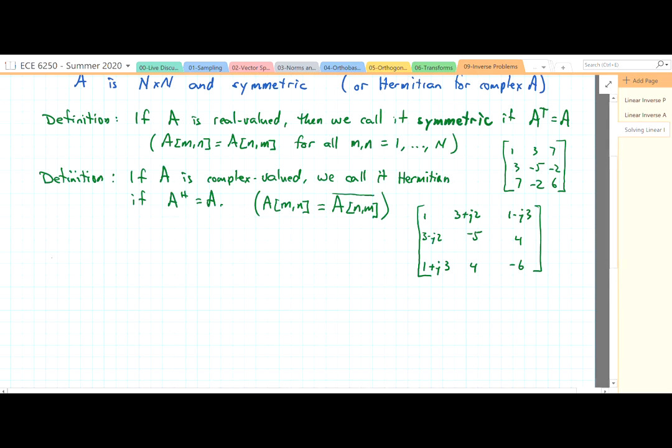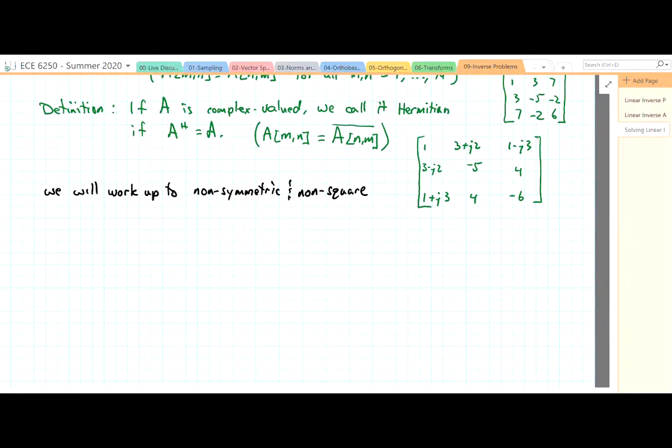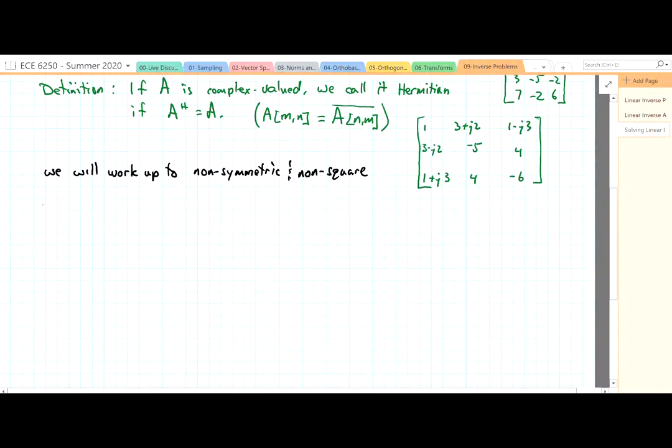So eventually, we will work up to non-symmetric and non-square. So we'll start though with a tool that's going to be very valuable and useful to us, and those are eigenvalue decompositions.